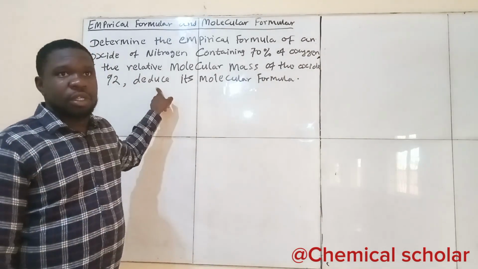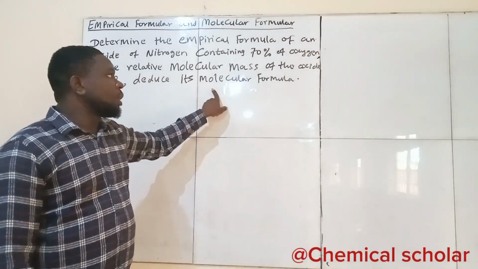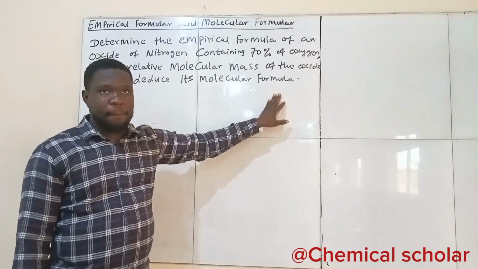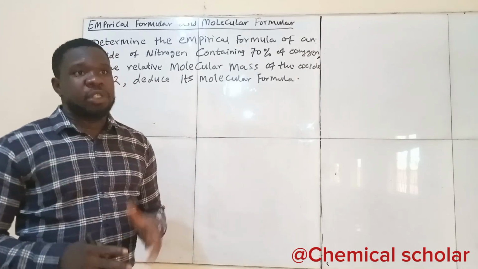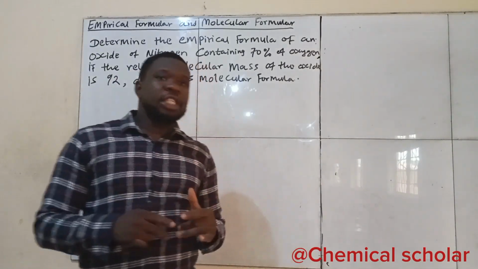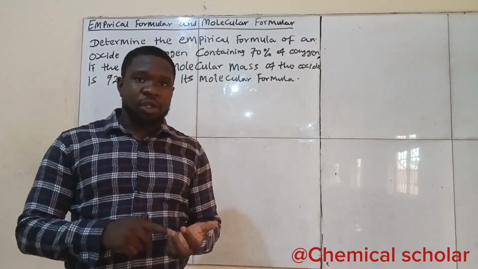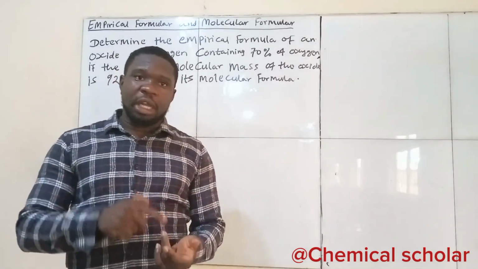Then we should also deduce its molecular formula. If you look at this question critically, we are required to calculate the empirical formula and also to solve for the molecular formula.